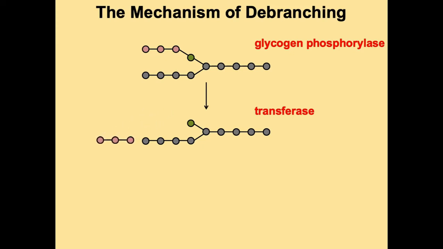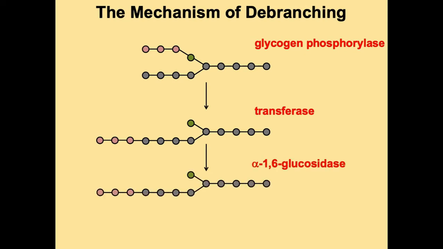It transfers those 3 molecules onto the other chain. This then allows the glucosidase to cleave off the remaining glucose molecule, resulting in another chain which can then be cleaved by glycogen phosphorylase.